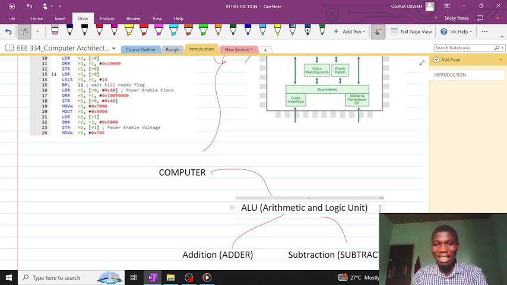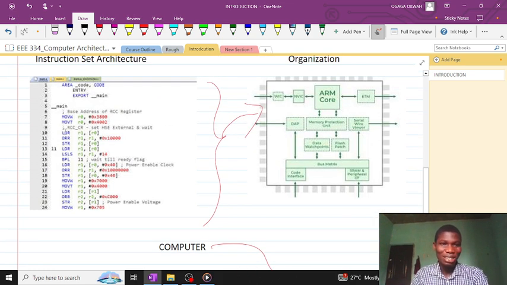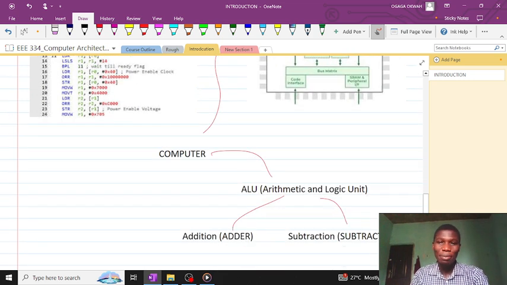For this course, computer architecture, before we talk about other things, like the codes and programs, we have to start from talking about the arithmetic and logic unit, which is of course part of the computer.